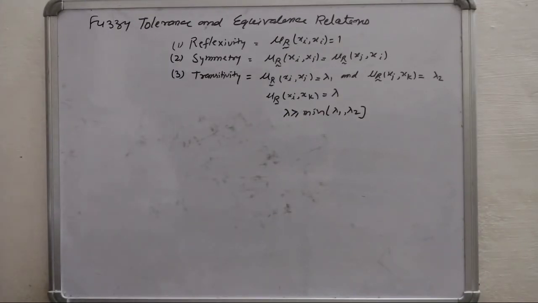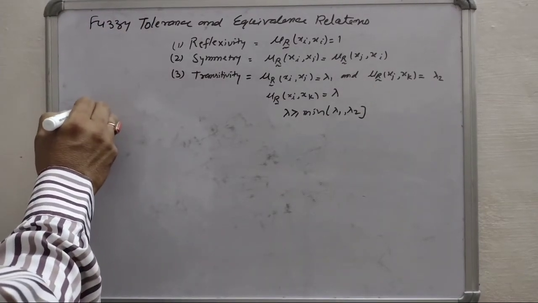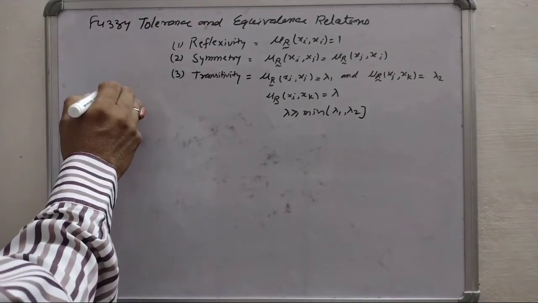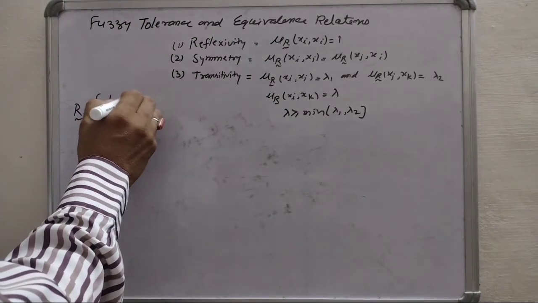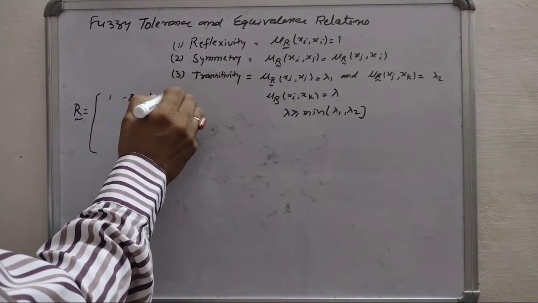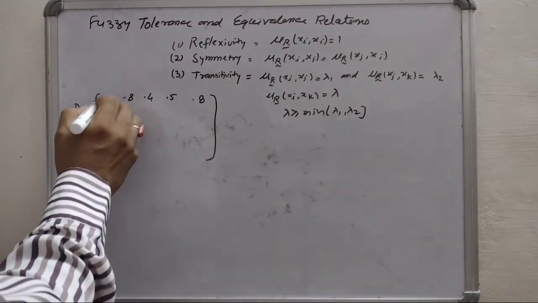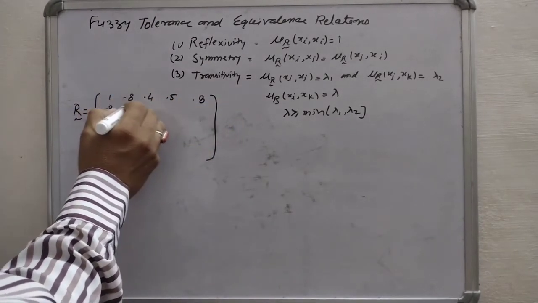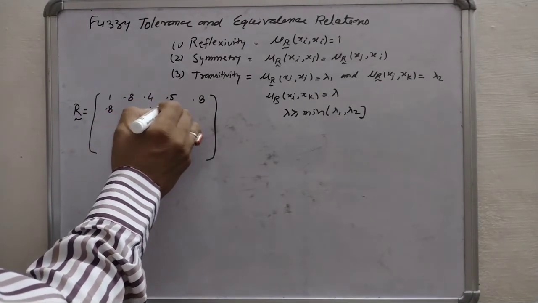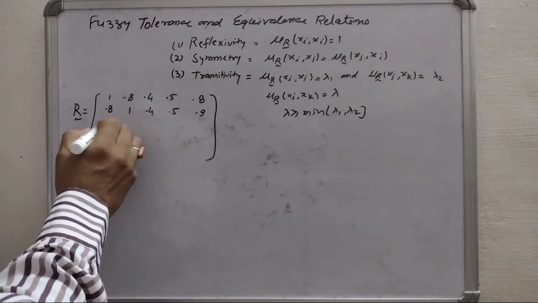So let's understand this also with an example. Suppose one relation matrix is there. Row 1: 1, 0.8, 0.4, 0.5, 0.8. Row 2: 0.8, 1, 0.4, 0.5, 0.9.